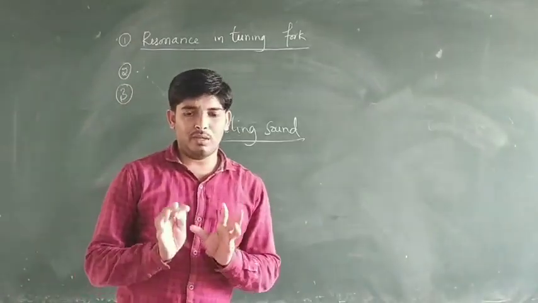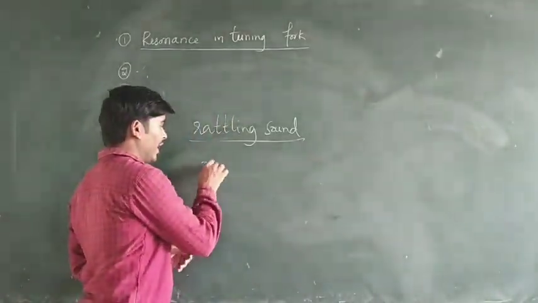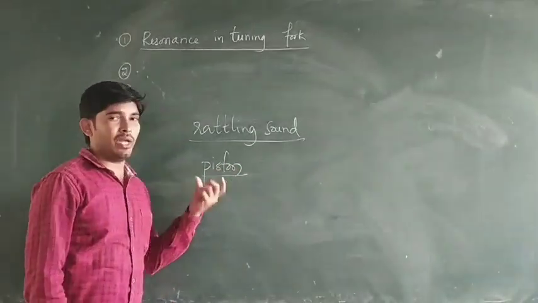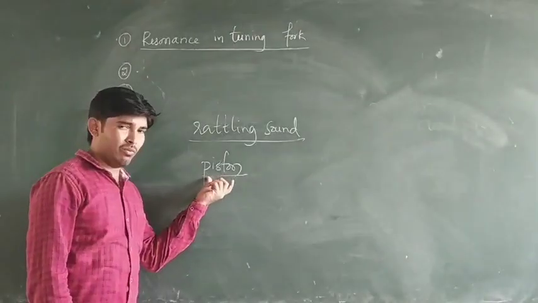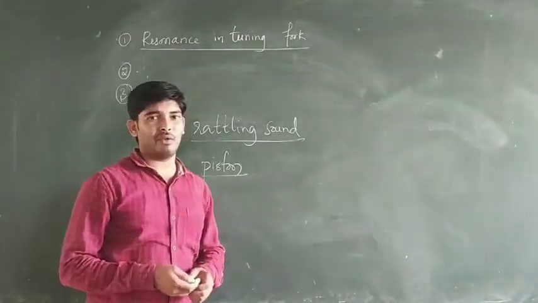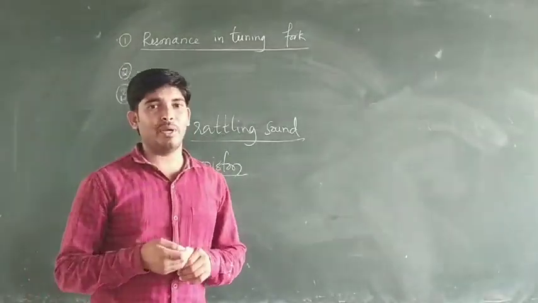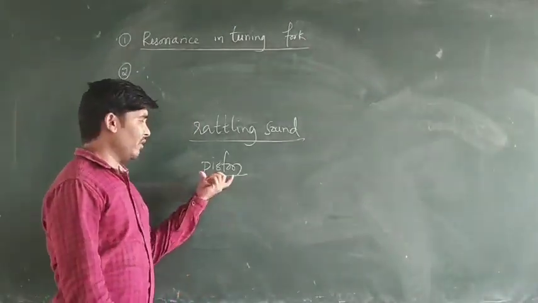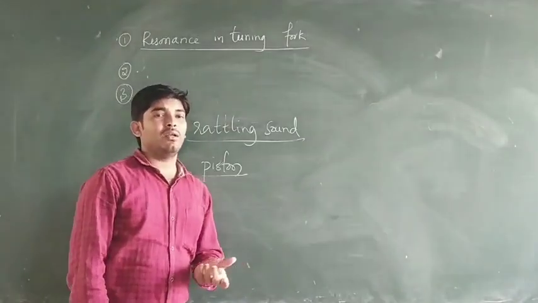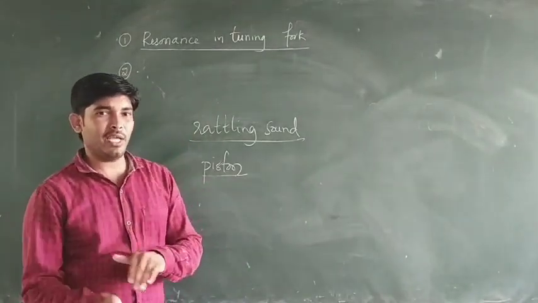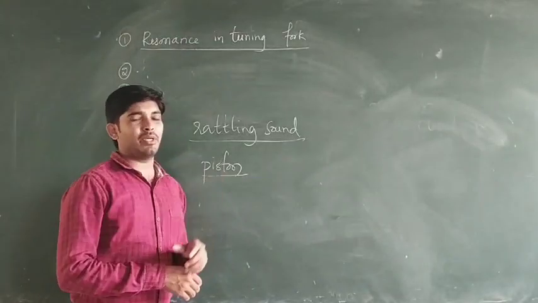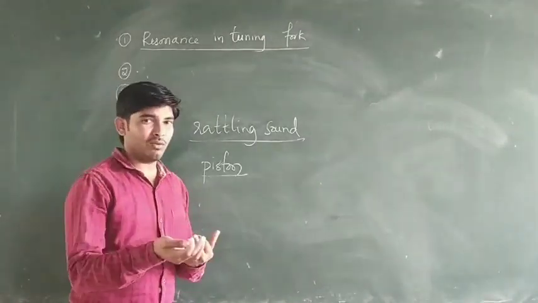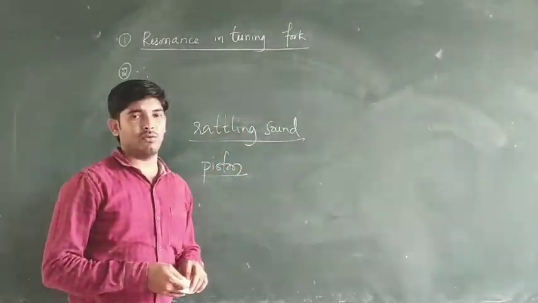Whenever the parts or the piston of the engine of the vehicle are vibrating, they vibrate with their natural frequency. At a certain speed, the other parts of the vehicle also start to vibrate with the frequency of the piston. When the frequency of the other parts of the vehicle becomes exactly equal to the frequency of the piston, they start to vibrate with a larger amplitude and a very loud sound is produced, which is called the rattling sound.